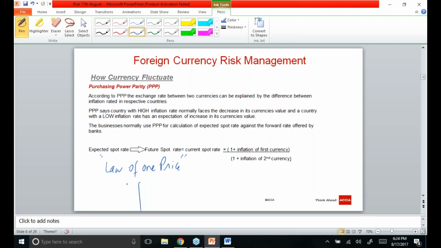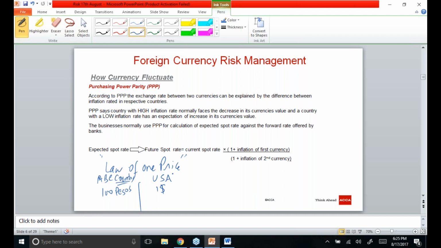Let's suppose in some emerging country, ABC country, a commodity is equal to 100 pesos, and in the USA it is equal to $1.